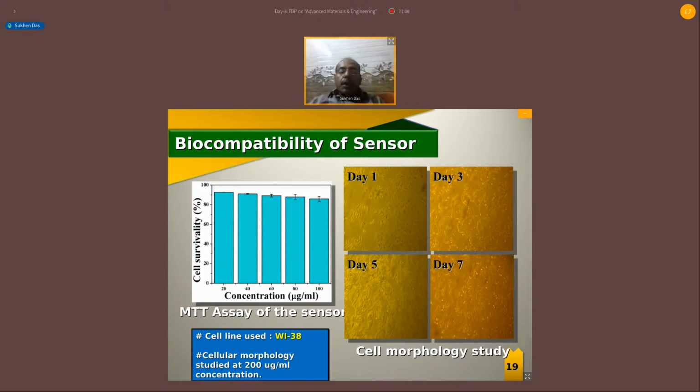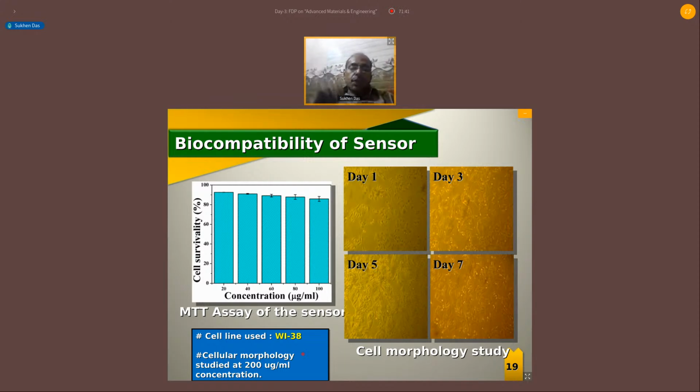Now, the sensor which we have developed with the help of boehmite and gum acacia, how biocompatible is it? How eco-friendly is it? Generally we inhale chromium through our nose or mouth, or it goes into our body through the skin. So we took the WI38 lung cell line and did the experiment on it with our sample, the boehmite-doped resin.